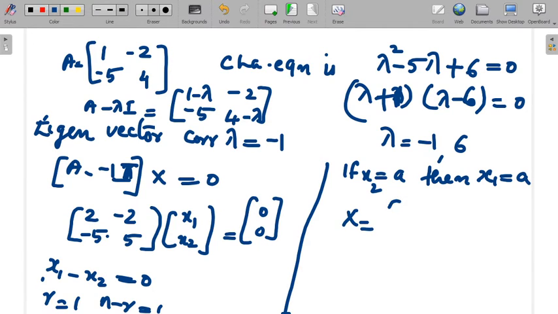So we can write x is equal to (a, a), where a is not equal to 0. We restrict a to be non-zero because if a is 0, we get the trivial solution 0, 0, and we don't accept that as an eigenvector. We seek a non-trivial solution of the system. So x is equal to (a, a), where a is non-zero.